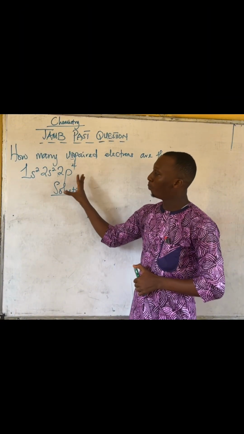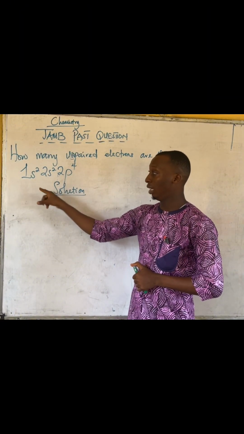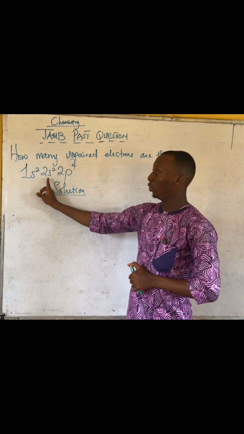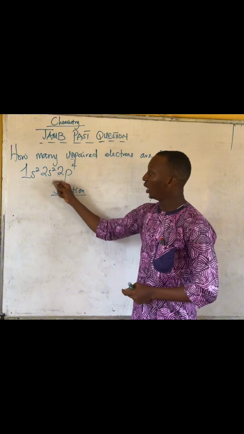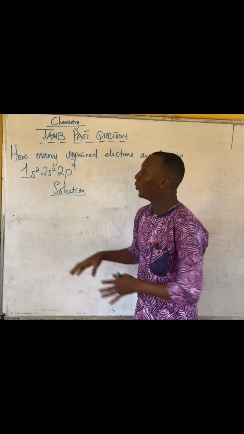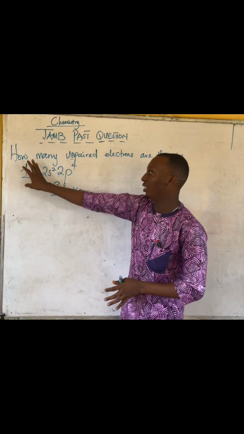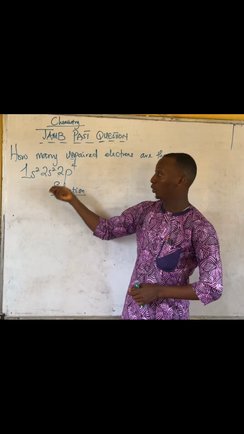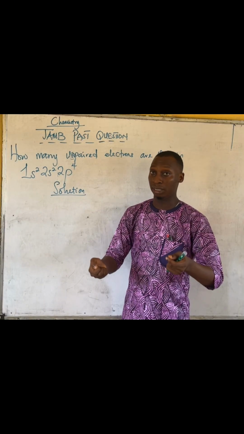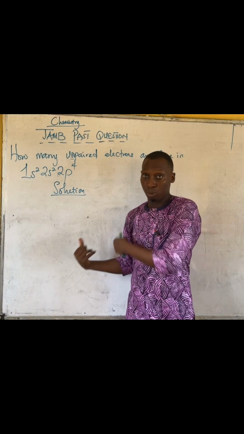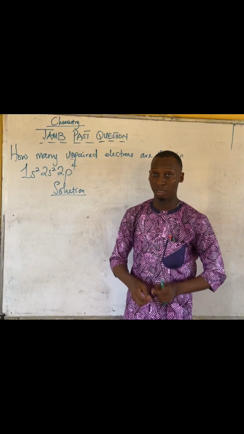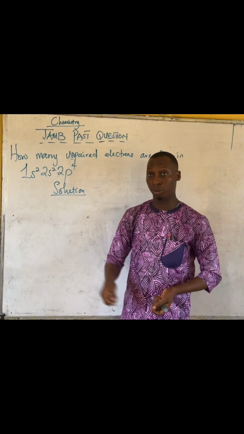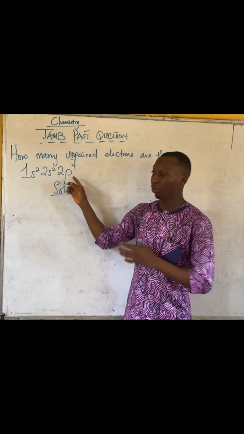Now, how many unpaired electrons are there in 1s2, 2s2, 2p4? First of all, the idea is how can I get or write an electronic configuration for elements? That's not what you need here for this question. For writing electronic configuration for elements, kindly consult my YouTube channel.